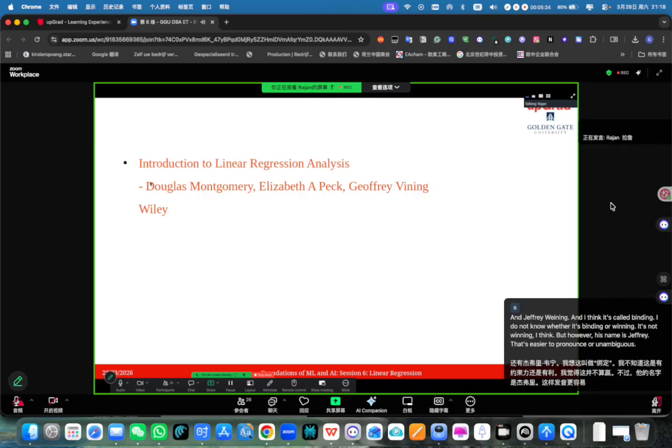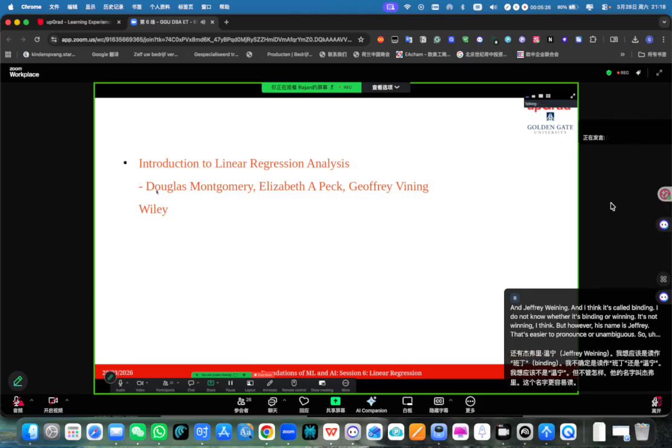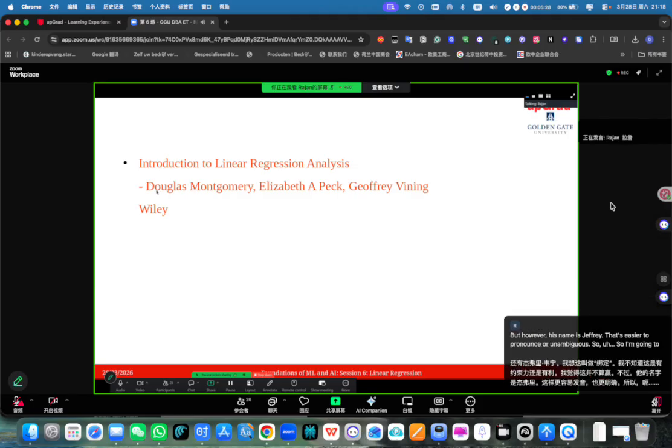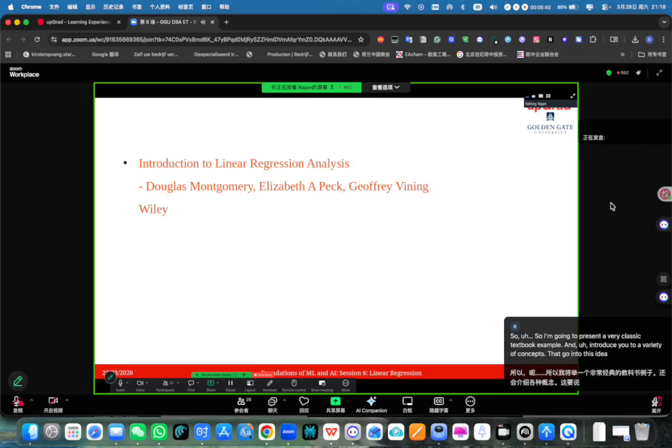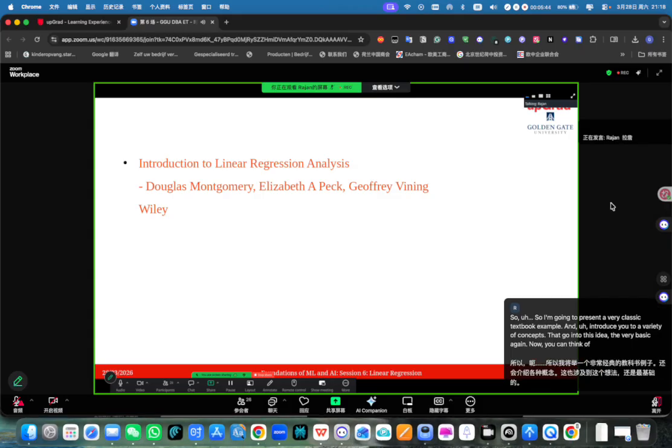So I'm going to present a very classic textbook example and introduce you to a variety of concepts that go into this idea, the very basic. You can think of these ideas as alphabets of supervised learning ideas.